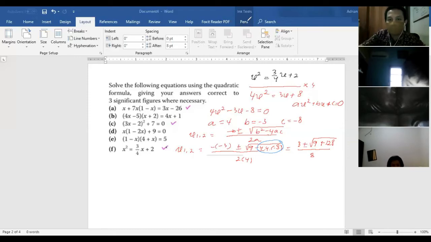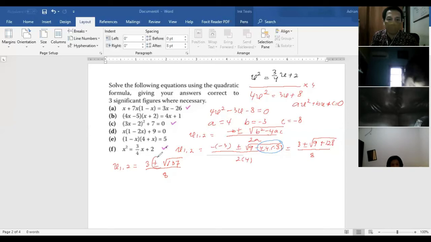Clear? Okay, next. So we'll find x1,2 equals 3 plus or minus root of how many? 137, is it? Yeah. Divided by 8, right?